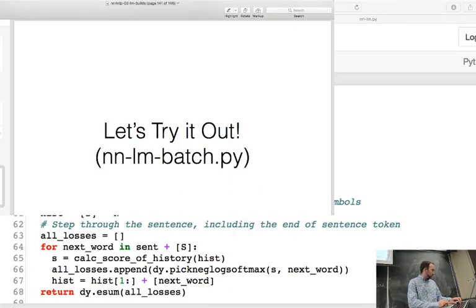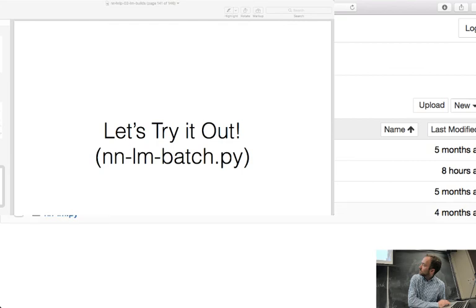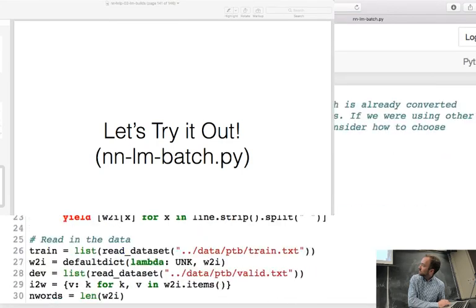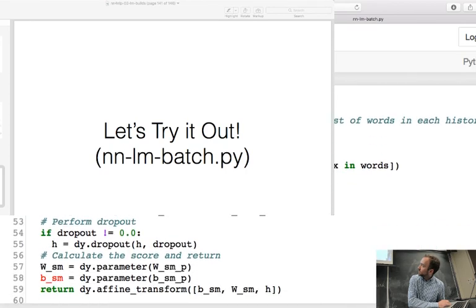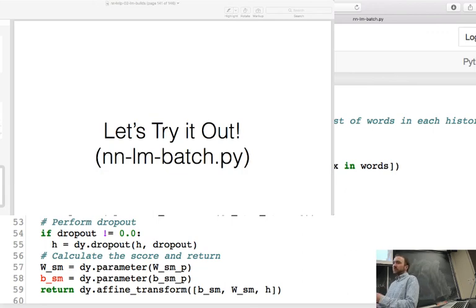Basically what you want to do is, we go down and we have not calculate the score of the history, but we calculate the score of multiple histories. So now we want to calculate the score of multiple words at the same time.